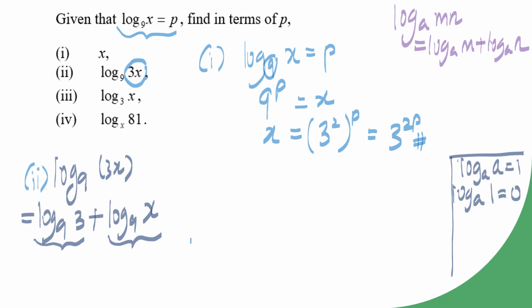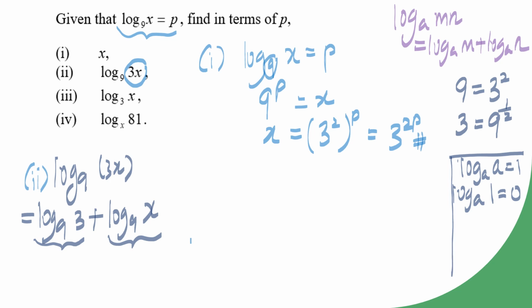You must also be able to express numbers interchangeably. What do I mean? For example, you must be able to write 9 as 3 squared, and you must also be able to write 3 as 9 to the power half. Okay, these are very useful tips.